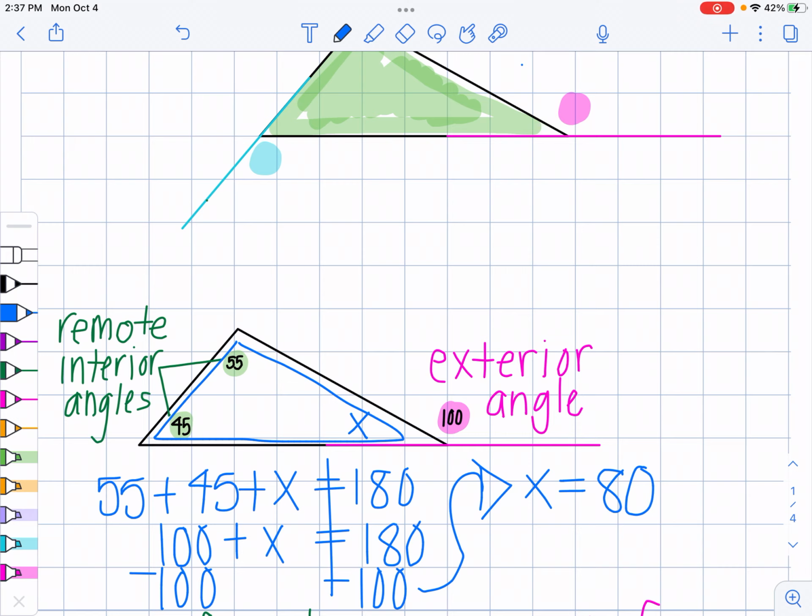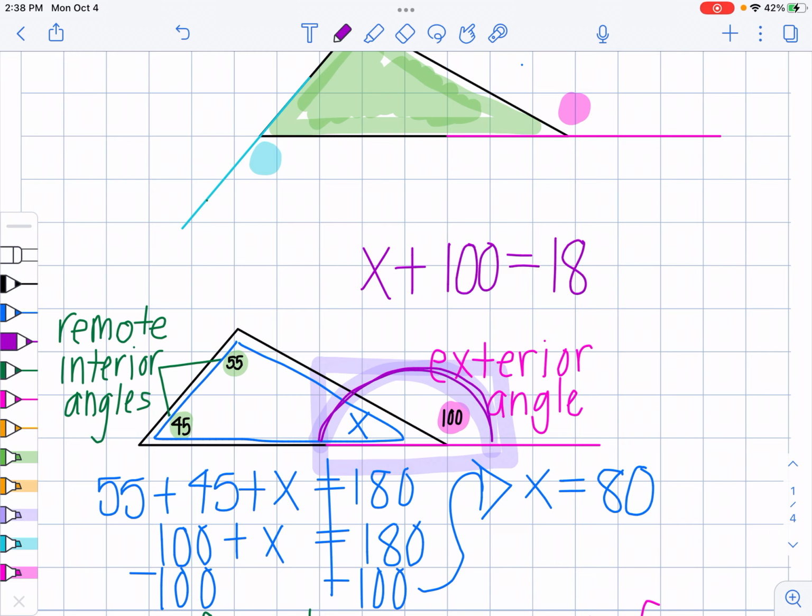Okay, now here's what else I know. If I wanted to use this part, then I know that angles that make a straight line add up to 180. I could say that if I'm using these 2 angles right here, x plus 100 is equal to 180.